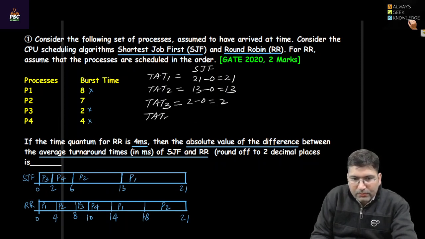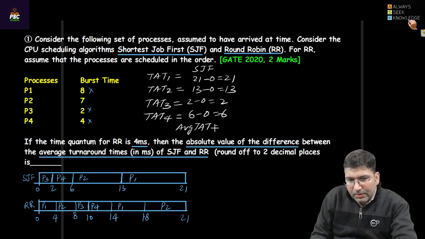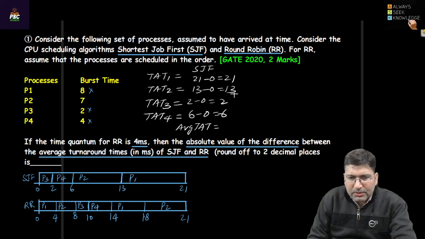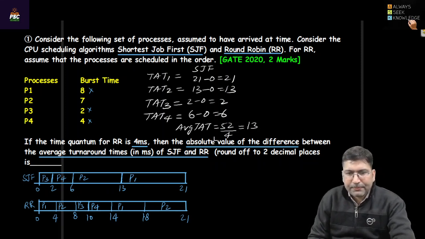And turnaround time for process 4: process 4 finished by 6, arrived at 0, so it is 6. So the average turnaround time is 21 plus 13, 34, plus 2, 36, 36 plus 6, 42, divided by 4. That will give you, I guess, 13.